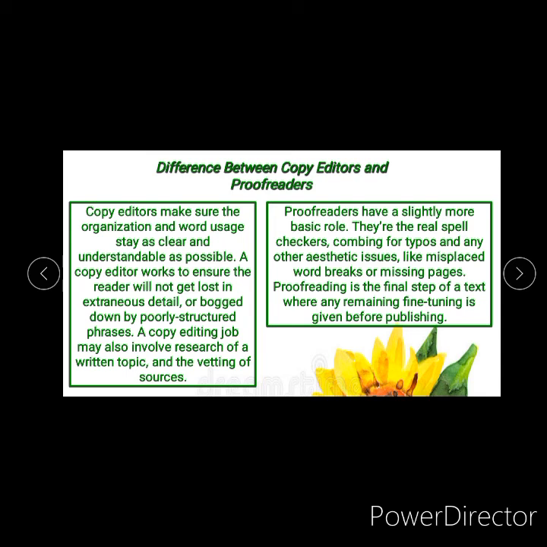A copy editing job may also involve research of a written topic and a vetting of sources. On the other hand, proofreaders have a slightly more basic role. They're the real spell checkers, combing for typos and any other aesthetic issues like misplaced word breaks or missing pages. Proofreading is the final step of a text where any remaining fine-tuning is given before publishing.